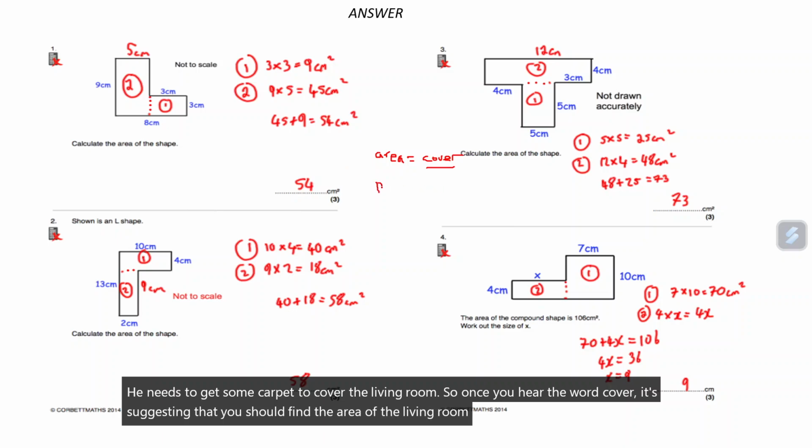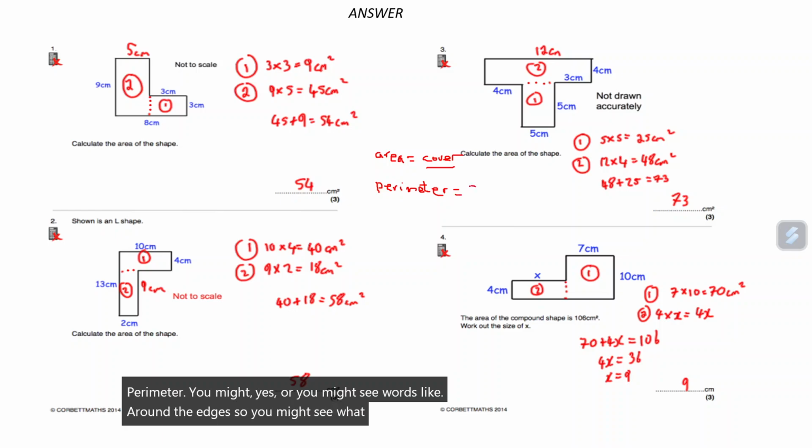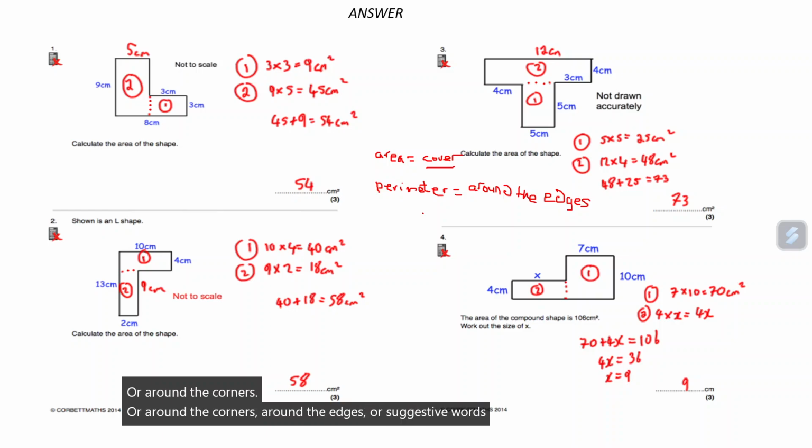Then once we talk about perimeter, you might see words like around the edges, or around the corners, or suggestive words that mean perimeter.